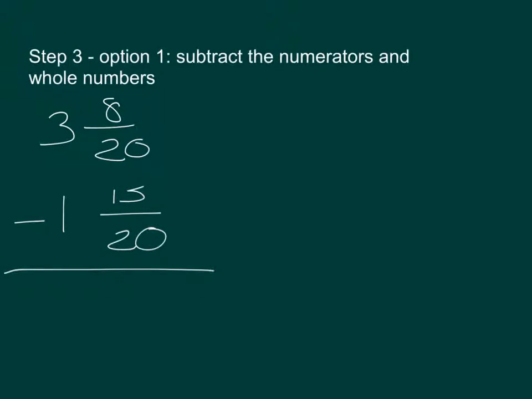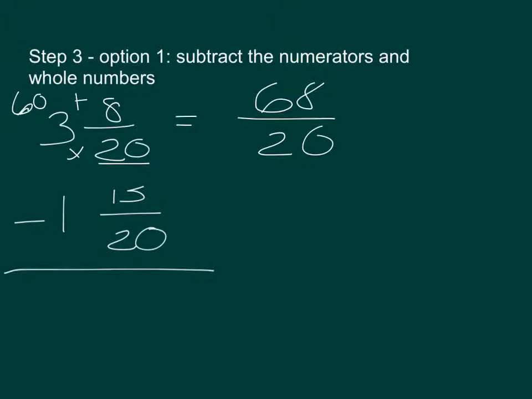So we'll start at the top number here, and we take our denominator, 20, times 3. So 20 times 3 is 60. Okay, a little 60 up here. And then add our numerator, plus 8. So that gives us 68, and the denominator remains the same as 20.